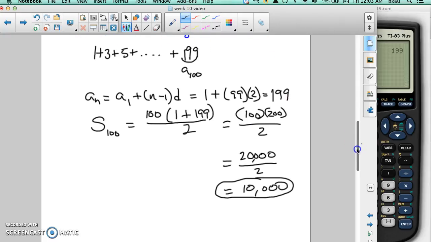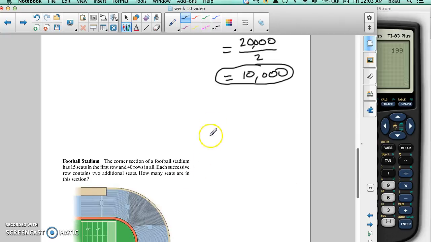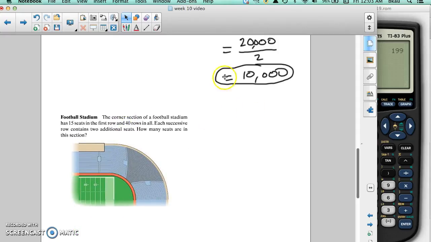Let's move on and do an application of this, found in your book. It's an application problem for the sum of an arithmetic sequence. It says the corner of a football stadium has 15 seats in the first row and 40 rows in all. There are 15 seats in the first row, and every row has 2 additional seats.